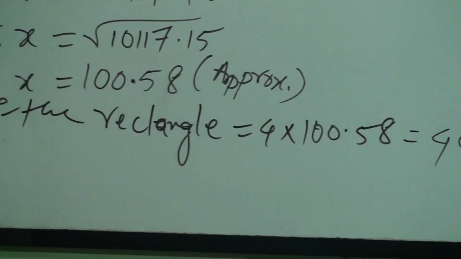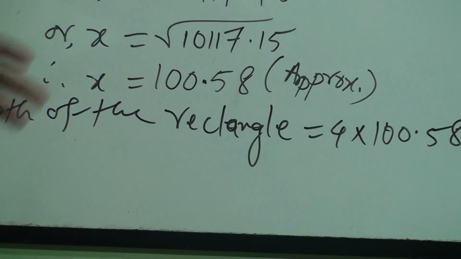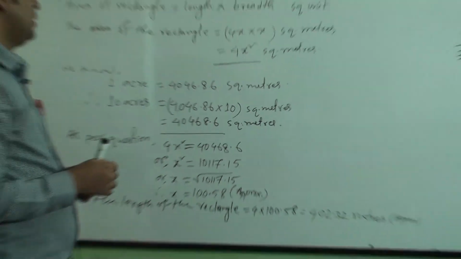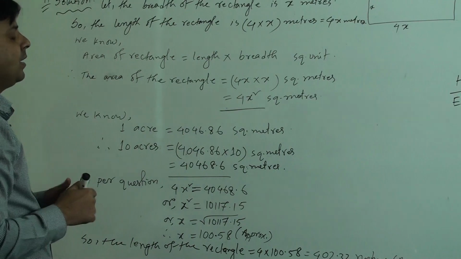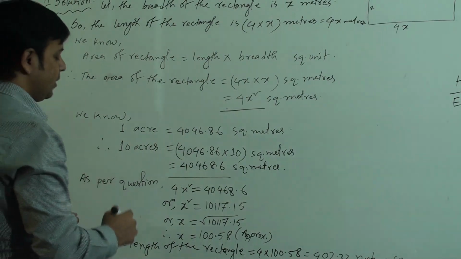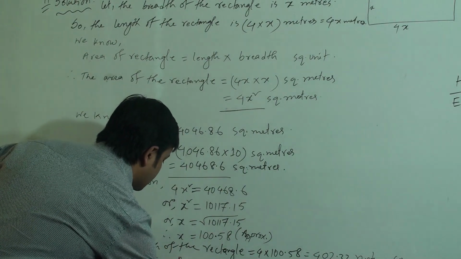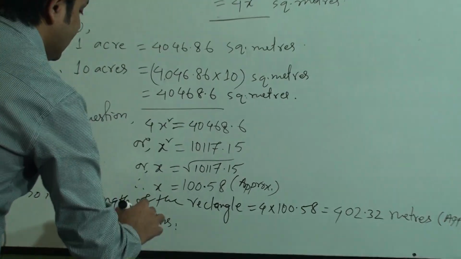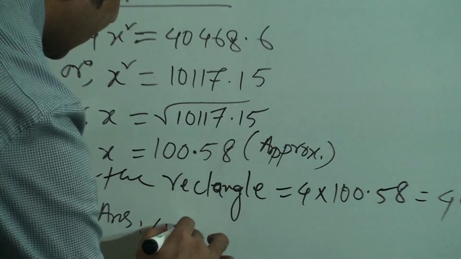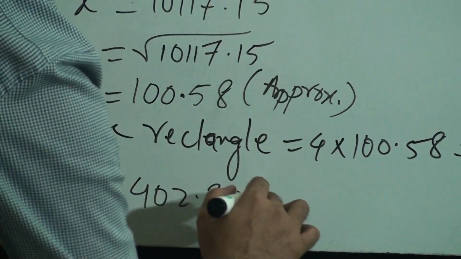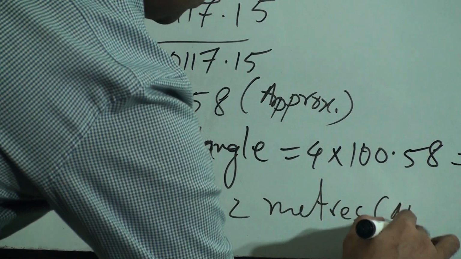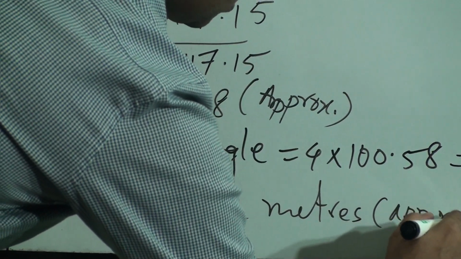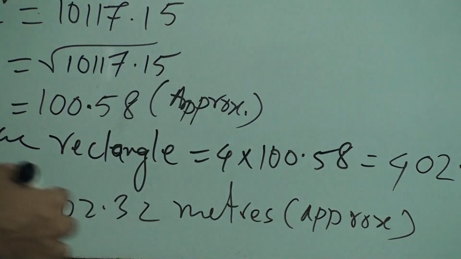Okay, dear students, so I hope you have understood how to determine the length or the breadth of the rectangle when area is given and another condition is given. So the answer of question 11 is 402.32 meters approx.